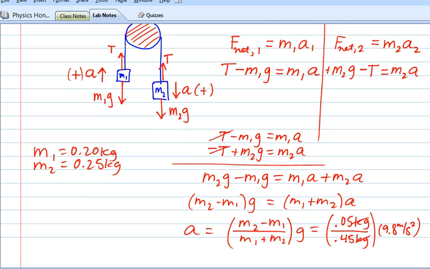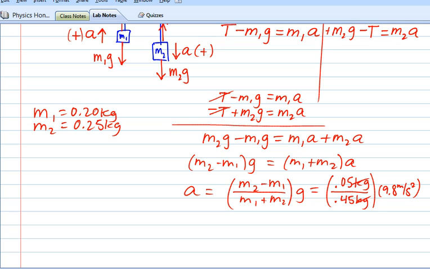Notice how kilograms will cancel out. And so that's going to give me an acceleration of about 1.1 meters per second squared. Now, is this acceleration up or down?